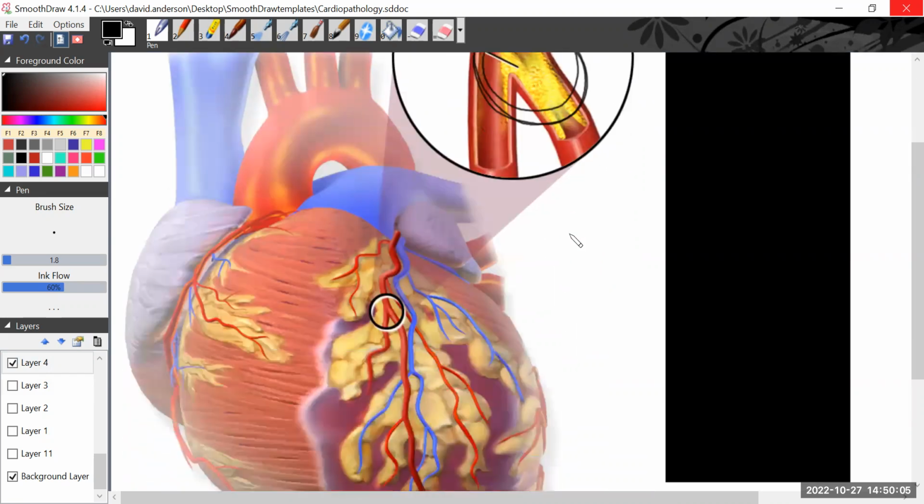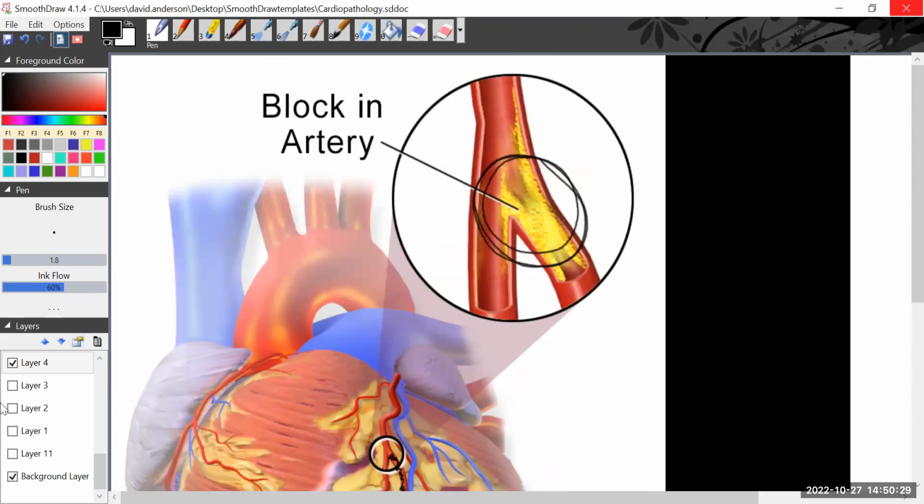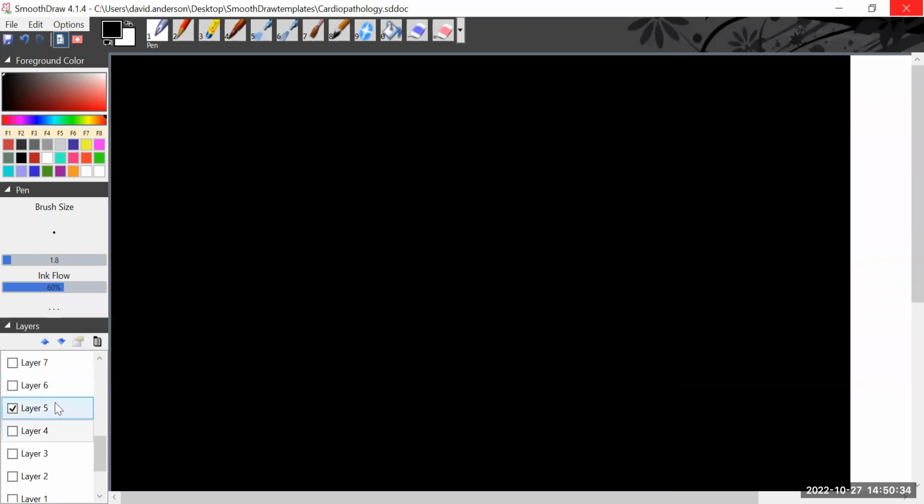And as a result of it being blocked, we're going to have ischemia distal to that site of blockage. And when we have ischemia distal to the site of blockage, the cardiac muscle cells are no longer receiving oxygen or other nutrients, especially glucose, and as a result, they can't make ATP, and so we're going to get our progression of damage as a result of all of that.